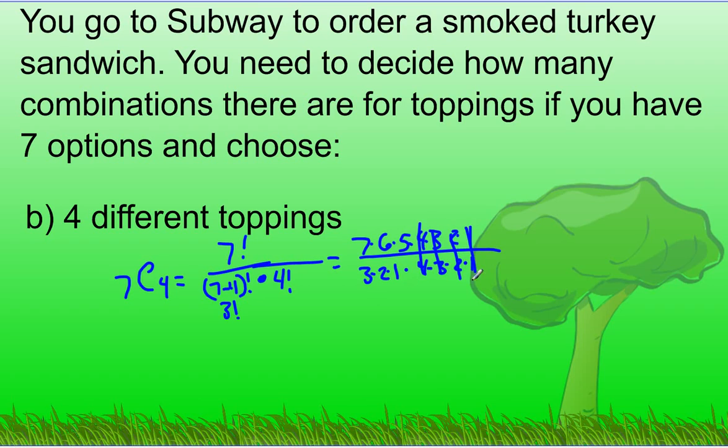The 4, 3, 2, 1 cancel. Nothing else cancels, so that gives us 7 times 6 times 5, which is 210, over 3 times 2 times 1, which is 6. When we simplified the fraction, we got 35 combinations.